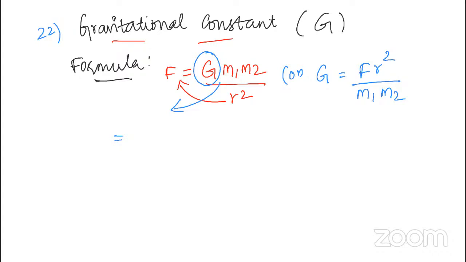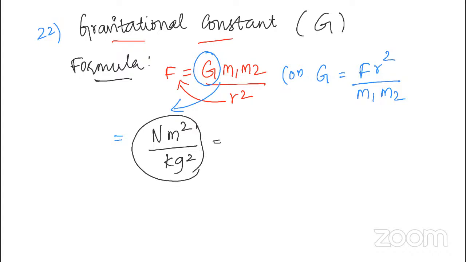Force is denoted by the unit Newton, R square is meter square, divided by M1 and M2, two masses, that is kg square. This is a very, very important unit. So what is the unit of gravitational constant?